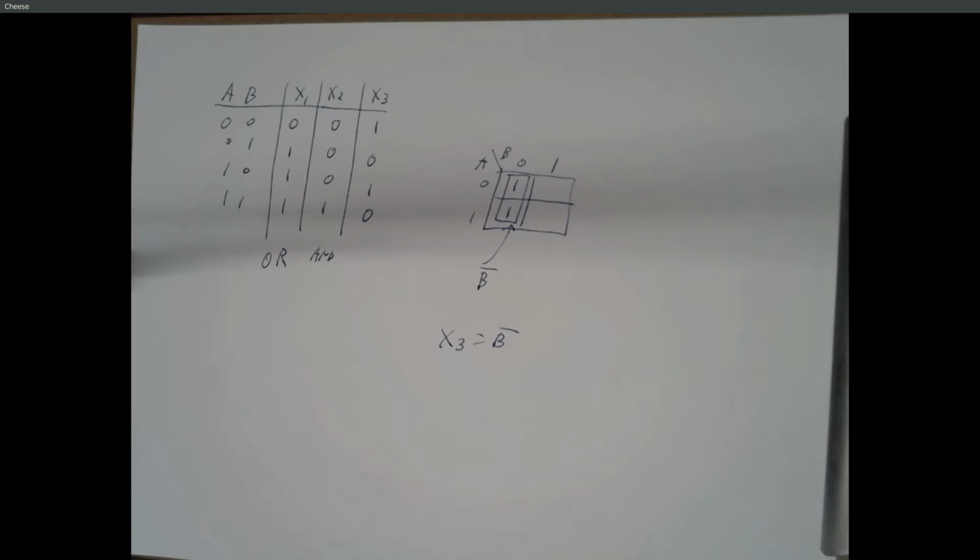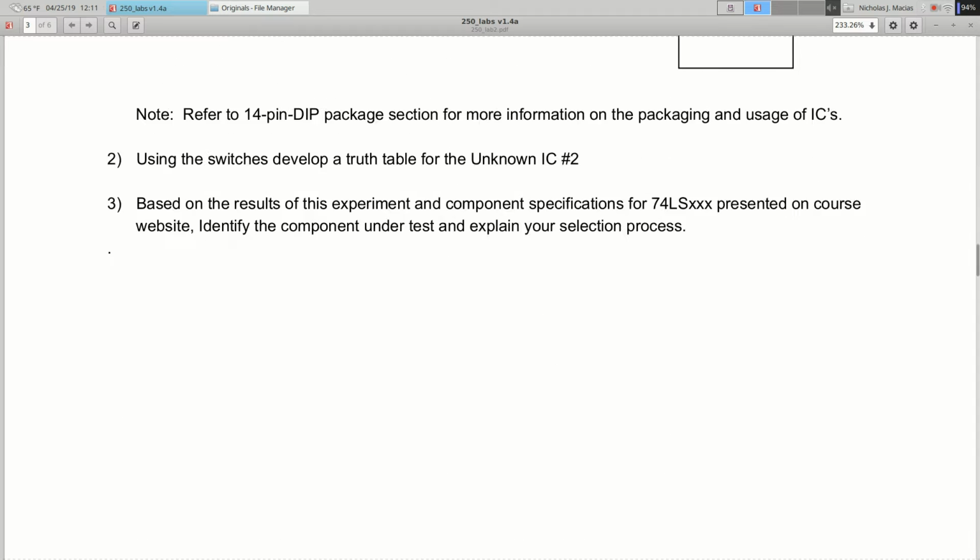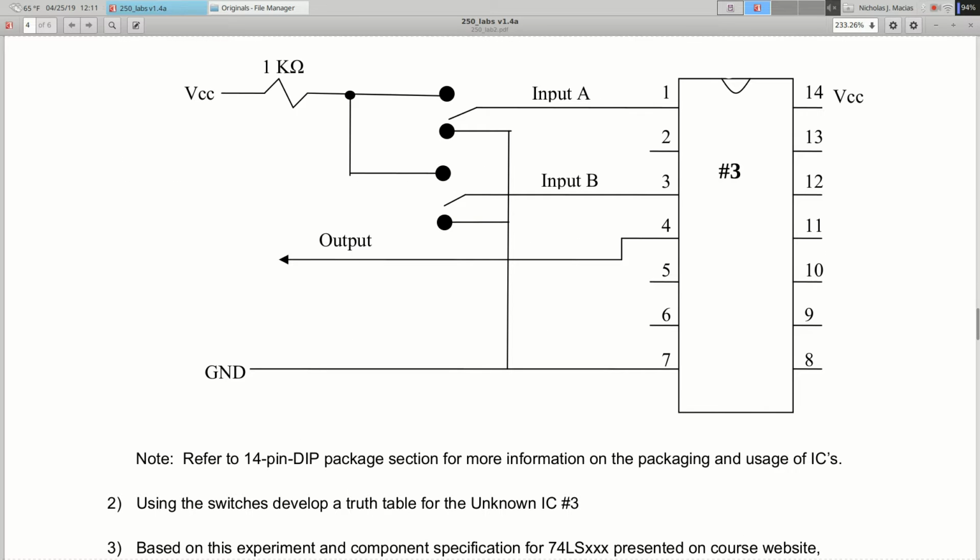Oh, this is an inverter. This is taking input B and inverting it, and it's completely ignoring input A. And if you look at the diagram that was used for that, since this is an inverter, input 1 feeds output 2, which we're ignoring. Input 3 feeds output 4. So the output should be the inverse of input B, and that's what your equation for the truth table tells you is the case. So that's a 74LS04.